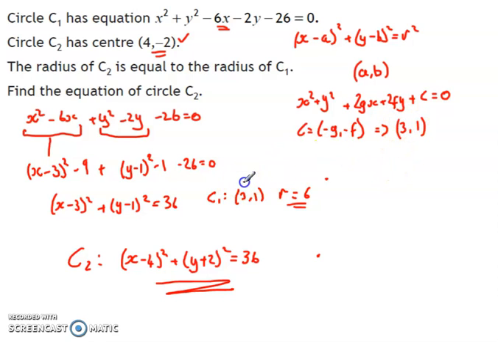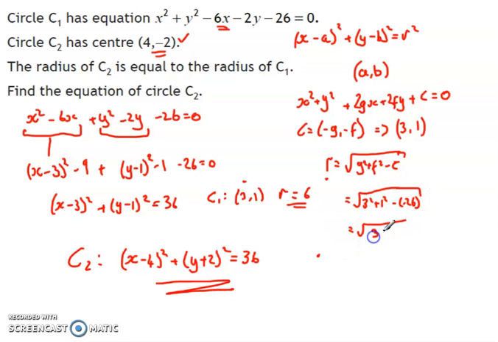Now that matches up with what we calculated, which is great, and the radius is quite simply given by the square root of g squared plus f squared minus c, and if we associate g, f and c with the original equation and substitute the values in, what we'll end up getting is the square root of 3 squared plus 1 squared, take away negative 26, which gives me the square root of 36, which again is 6.